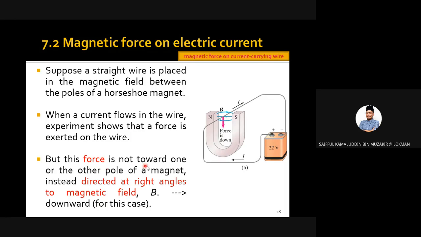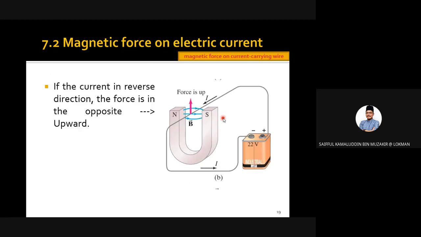This force is not towards one or the other pole of a magnet, instead it is directed at right angles to the magnetic field. For this case, this wire will be deflected downward. How do we determine the direction of the force?